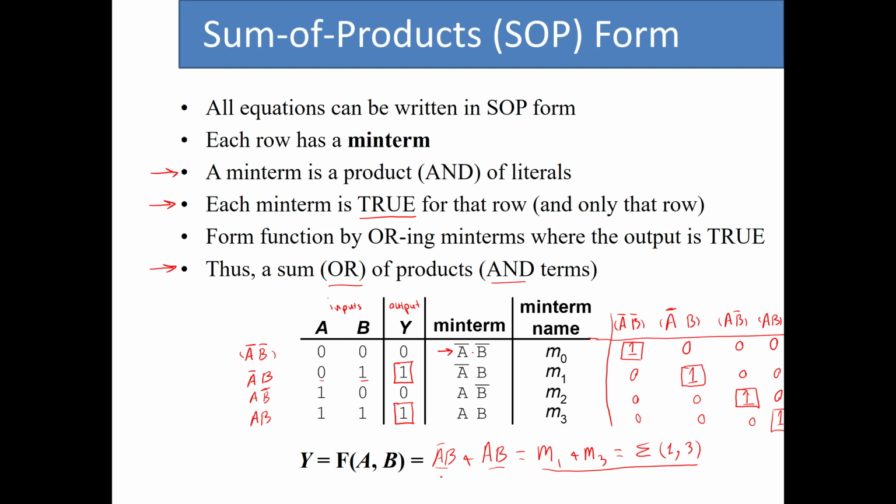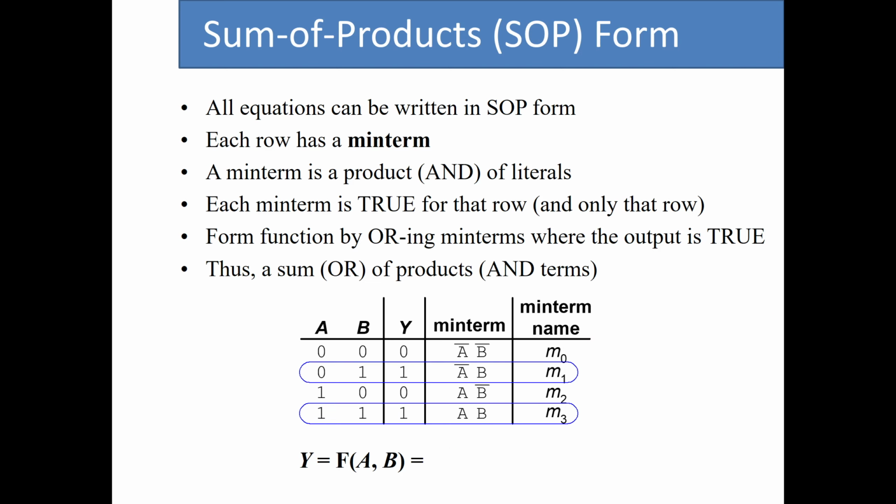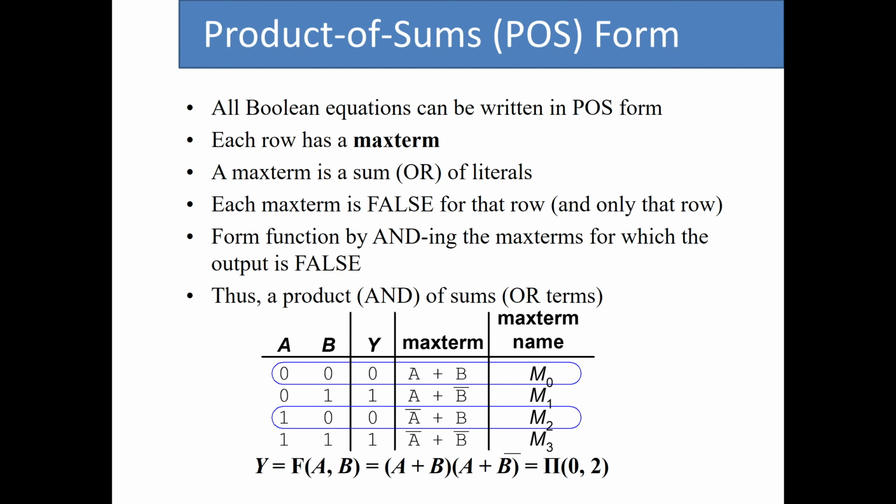We basically add the two minterms for these two rows. And then these are the two additional representations that are basically equivalent. So that was how we can create a sum of products form of a Boolean equation.